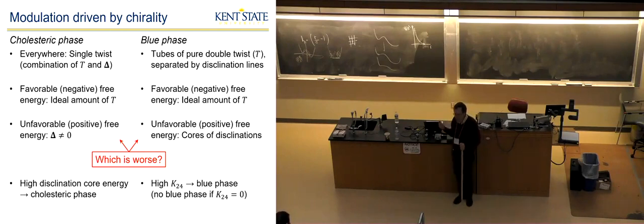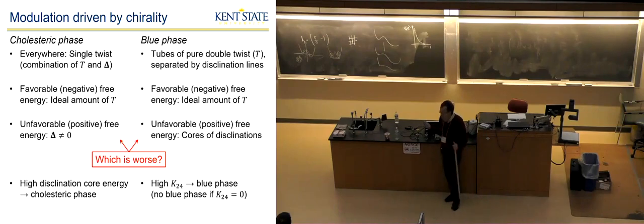What distinguishes between them is what you have to sacrifice in order to get that twist. What price do you have to pay? In the cholesteric phase, the price is you have to have a non-zero delta mode everywhere. That costs some energy proportional to K24. In the blue phase, you don't have to have the delta mode, but you have to have all these disclinations. And the disclinations have some core energy associated with the singularity right along the disclination.